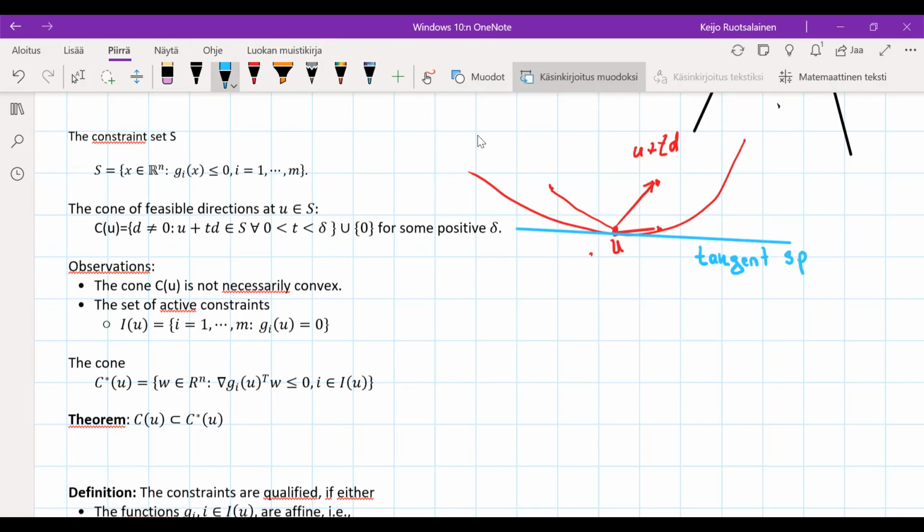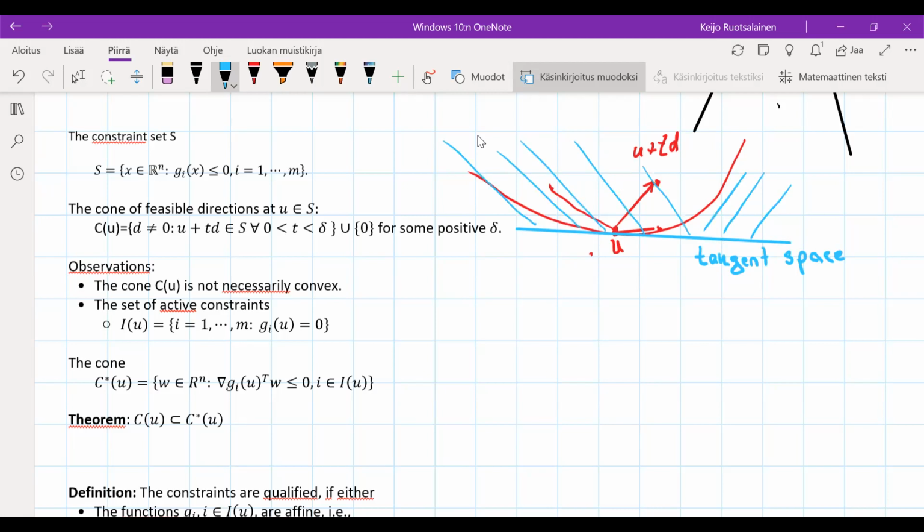I put here tangent space because in Rn it's really a hyperplane, not a line. And all the directions in here belong to the cone of the feasible directions.